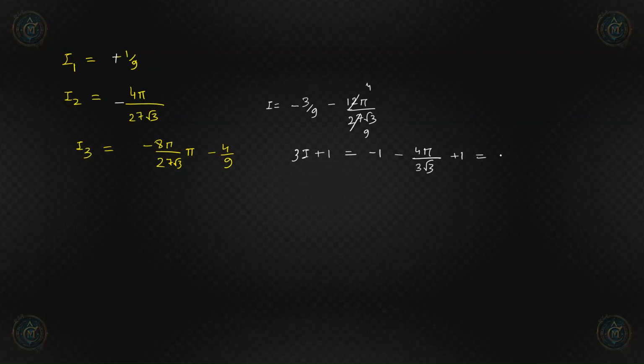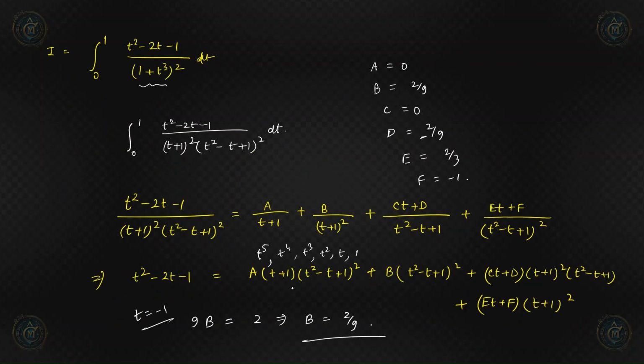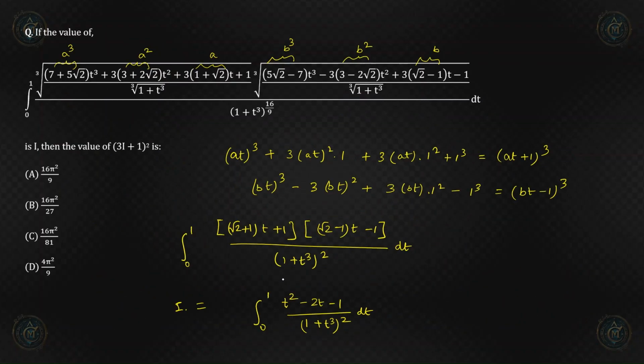That means this becomes minus 4 pi divided by 3 root 3. So (3I plus 1) whole square will give us this whole square. That means this becomes 16 pi square divided by 27. So let us check the options here. So 27 means option B will be our correct option in this case.